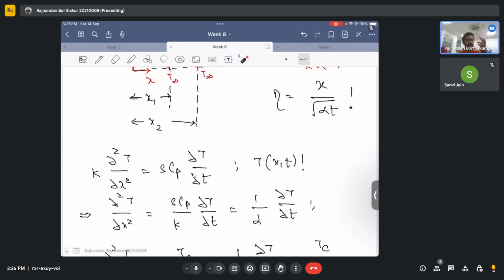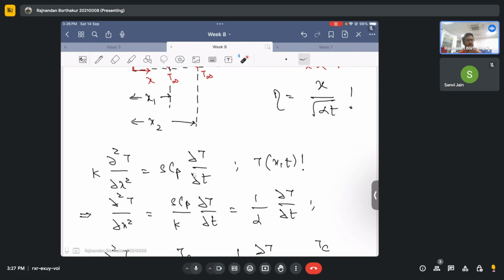But in that example, we could not use the similarity solution because x and y were not linked to one another. I cannot say that x is proportional to some square root of y. Since I cannot establish a link between the independent variables, I could not use the similarity solution.